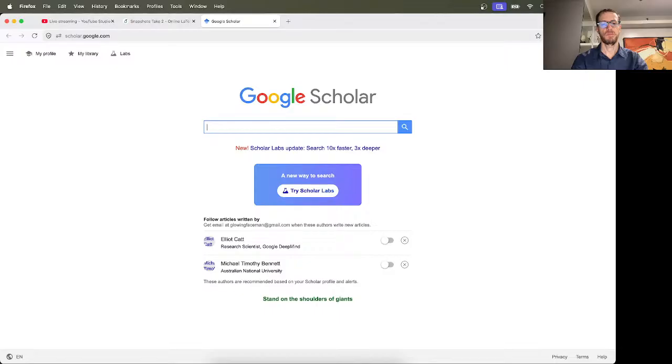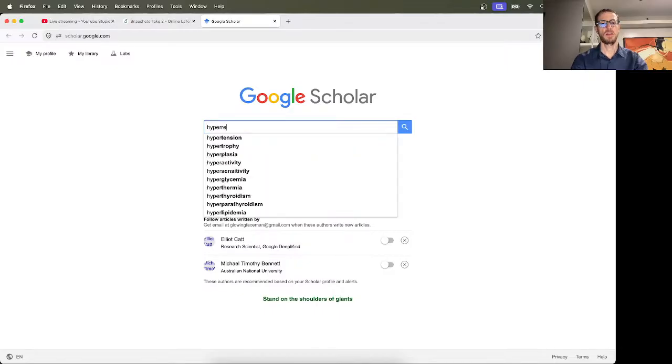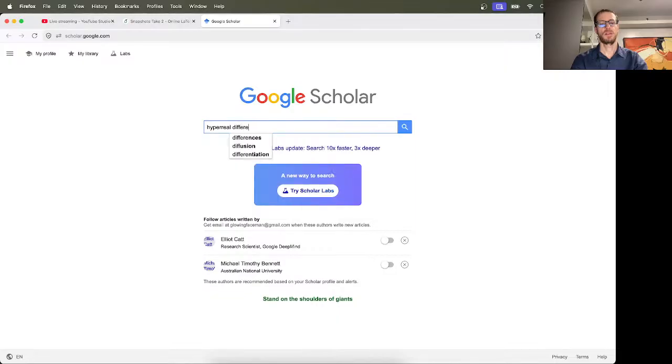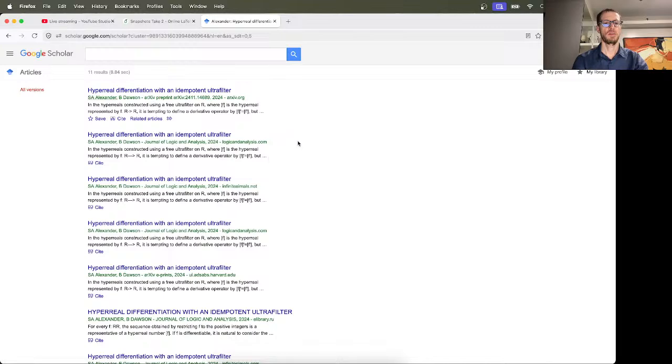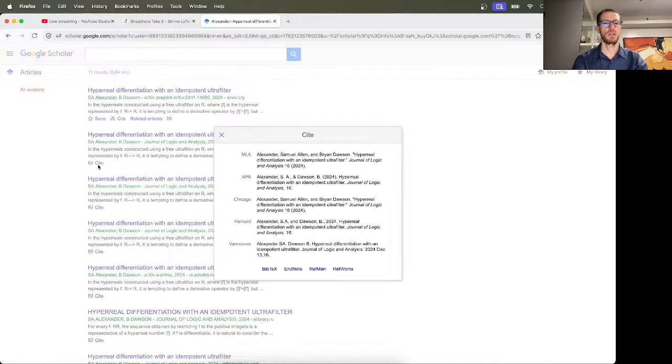I'm going to go to scholar.google.com. Search for hyperreal differentiation with an idempotent autofilter. Why is it showing the archive version? We want the version in Journal of Logic and Analysis. Yeah, and then copy the BibTeX.